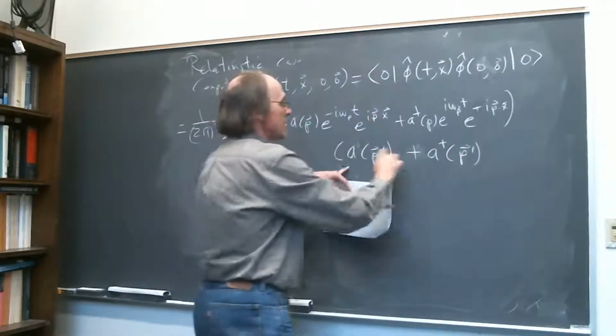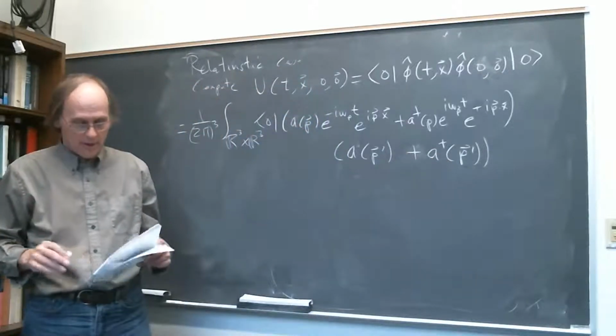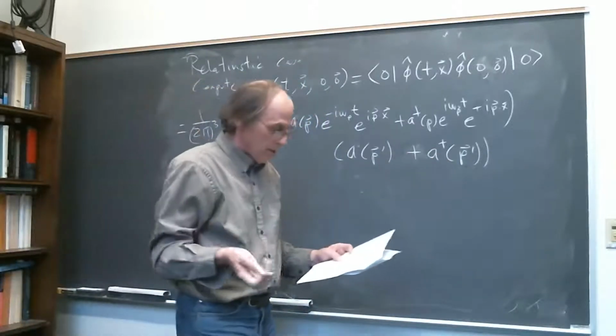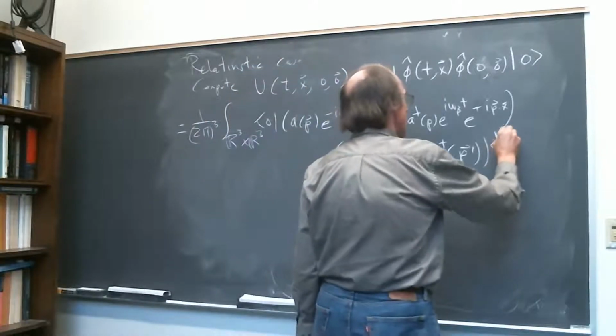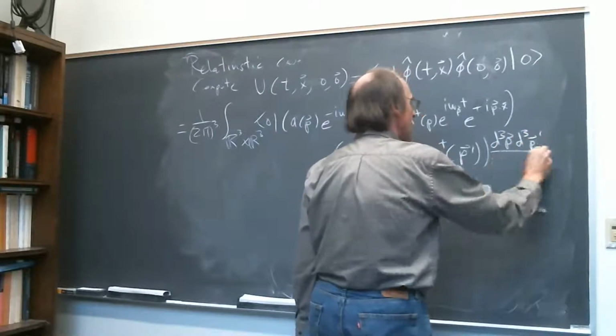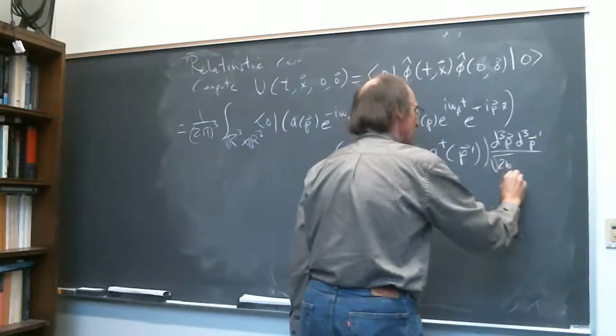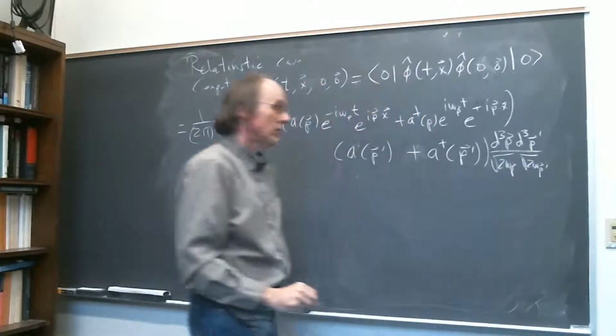This is just the field at time 0 and x equal to 0. Then you integrate d cubed p vector and d cubed p vector prime, with a square root of 2 omega p vector and square root of 2 omega p vector prime.